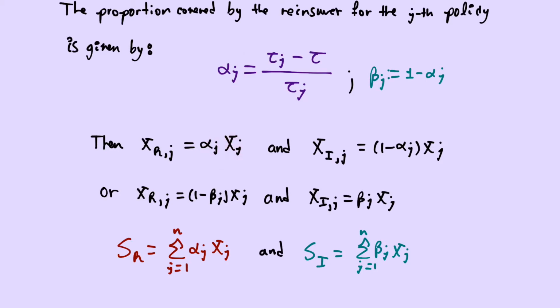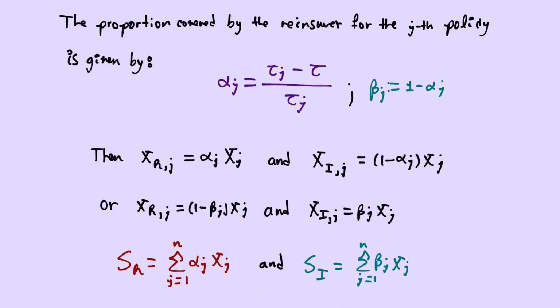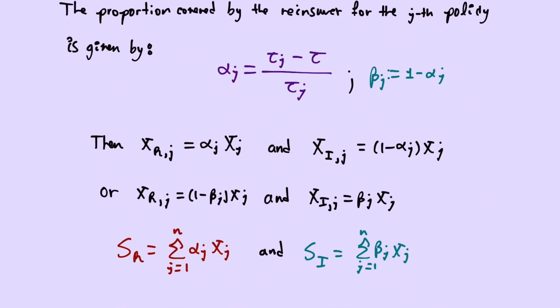The other part of the payment would be the amount that the insurance company will cover for that specific policy: 1 minus alpha j times xj. Remember, xj represents the amount paid by one specific policy. Remember, I didn't write it down, but this is for an individual risk model.